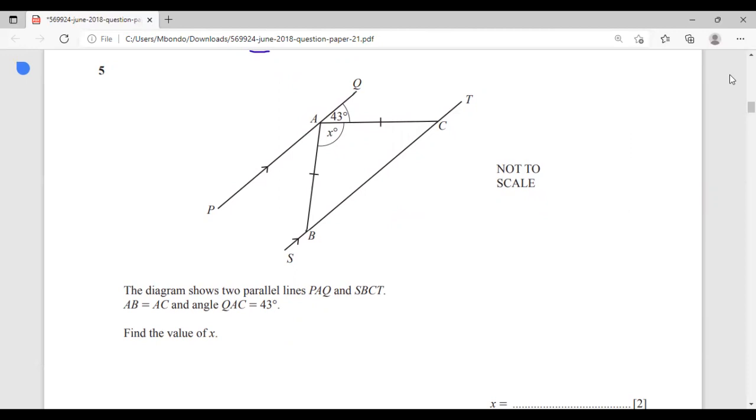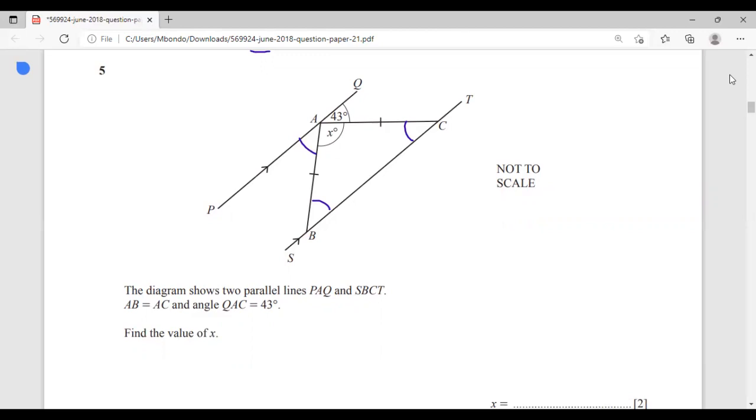Look, so this is telling us that this one is an isosceles triangle. Therefore, this angle is equal to this one. All right. Also, this angle here is equal to this one under the rules of alternate angles, this and this one. All right.